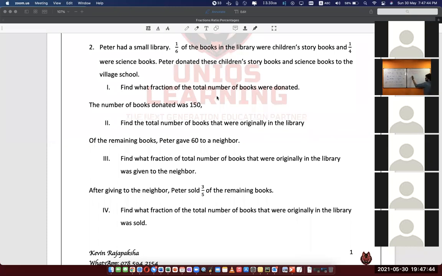So that means 5/12 into X is going to be 150. So X is going to be what? 150 into 12 divided by 5, cross multiplication, right? Then what do you get? You should get the same answer.